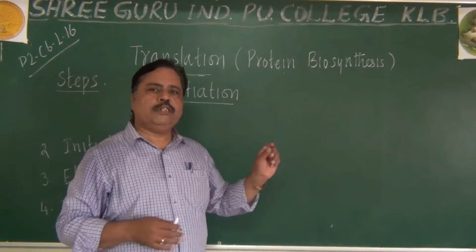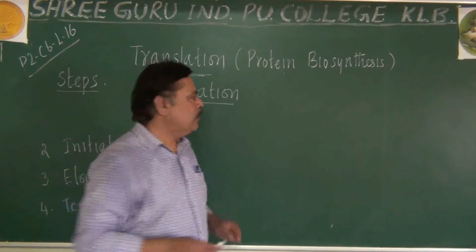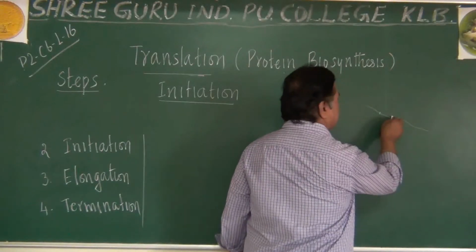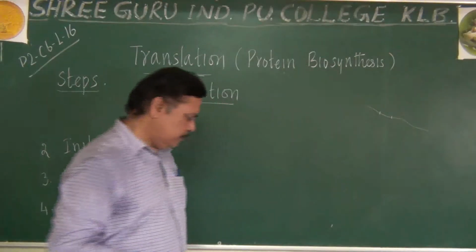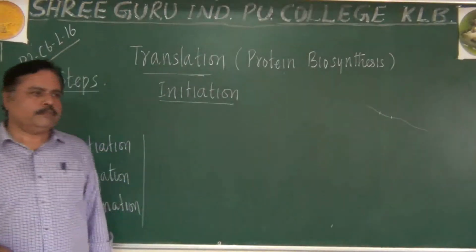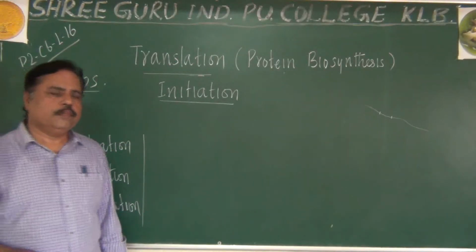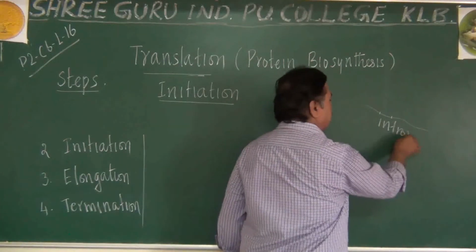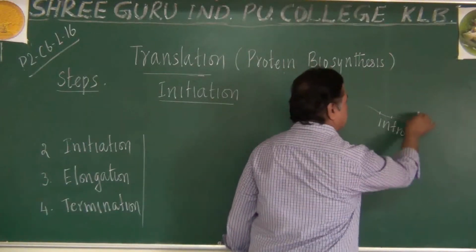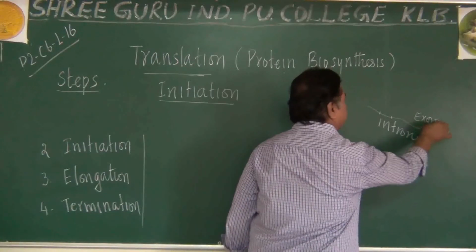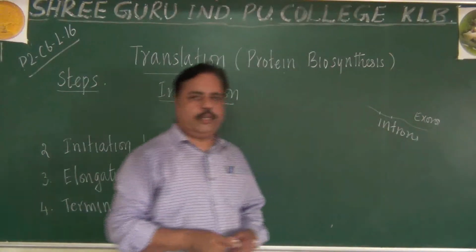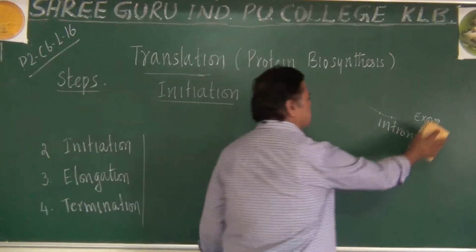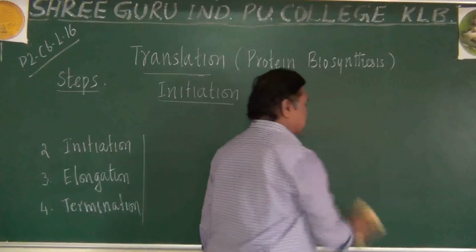Processing is nothing but gene splicing, where introns are removed and exons are joined to become a functional mRNA. That functional mRNA will be released into the cytoplasm.